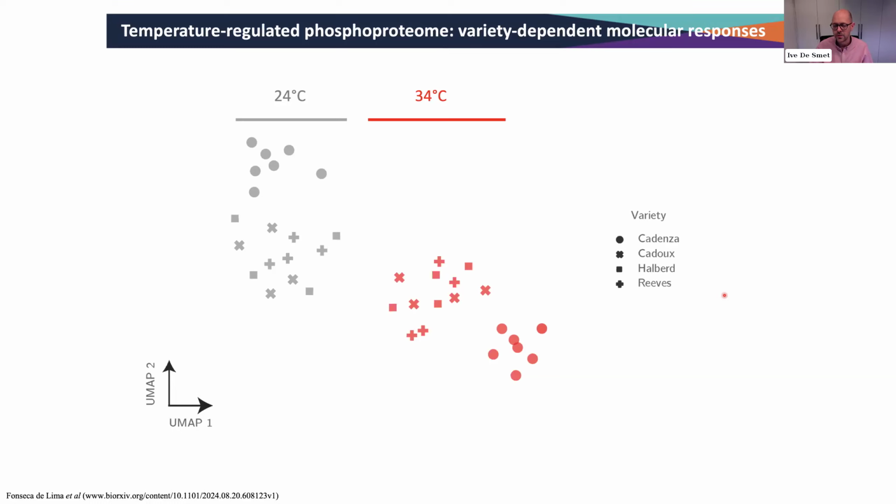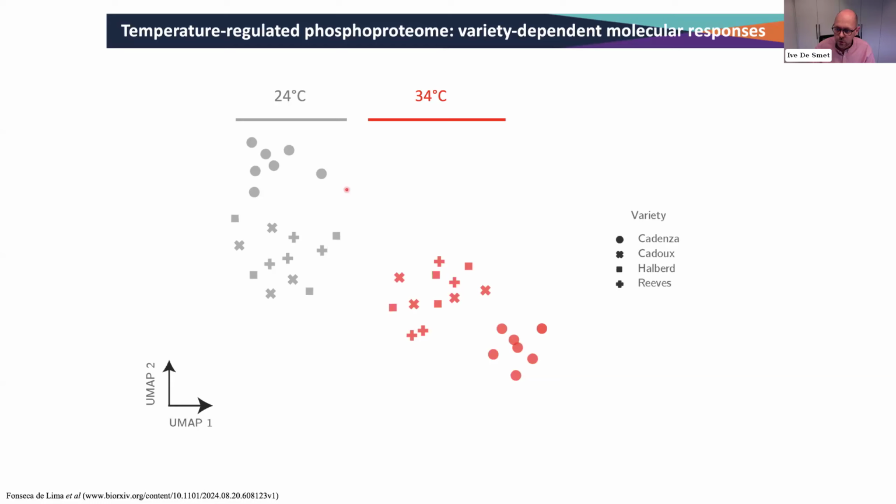Can we use these as protein-based biomarkers to identify specific varieties or genetic material that is most temperature tolerant? And can we identify this without a complex experimental setup that requires growing these varieties until maturity under different conditions?